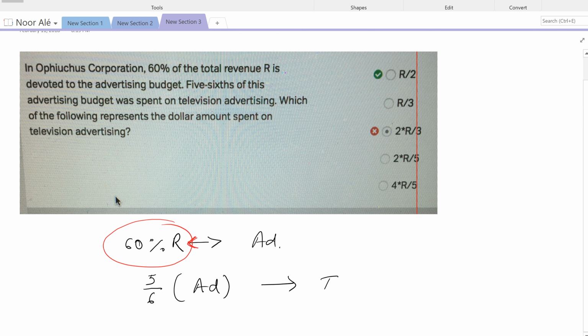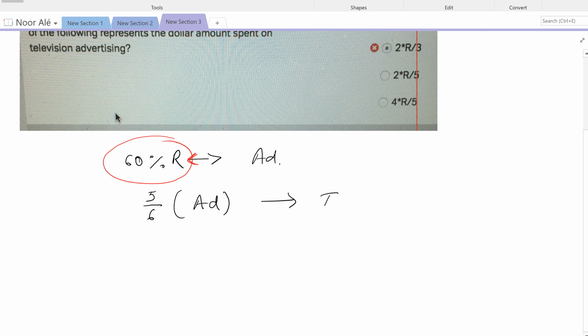We have all these options, and the answers are in terms of R, where R represents revenue. So we have 5/6 of the ad budget, and the advertising is 60% of R, right? That's what we have to figure out: the amount that is spent on TV.